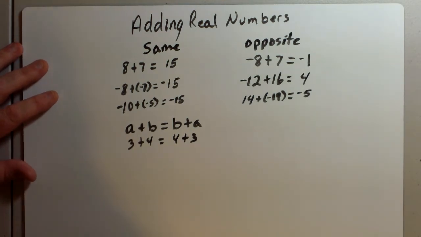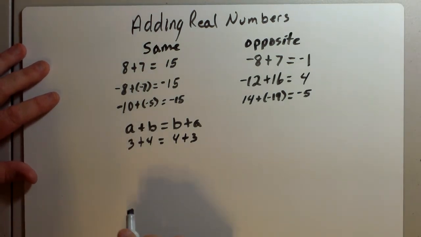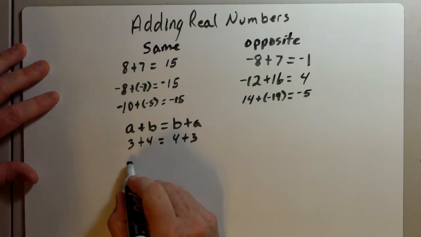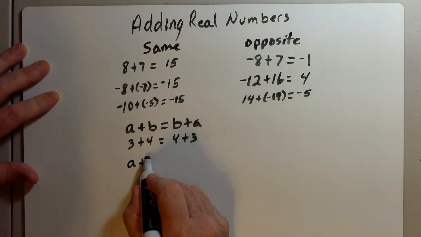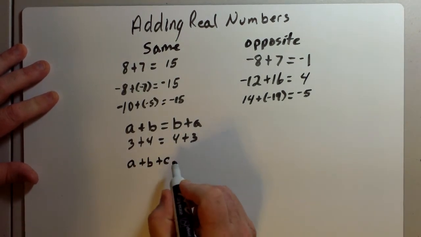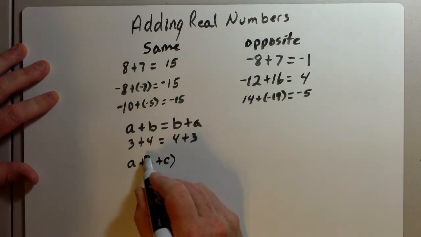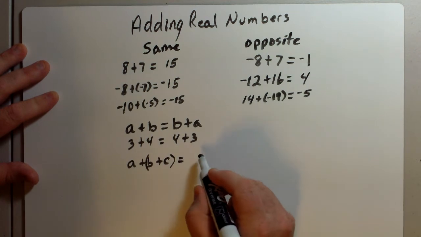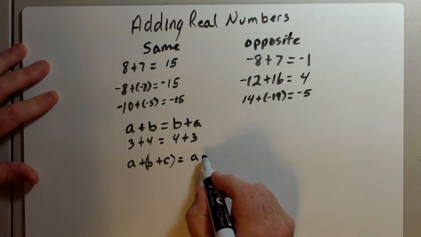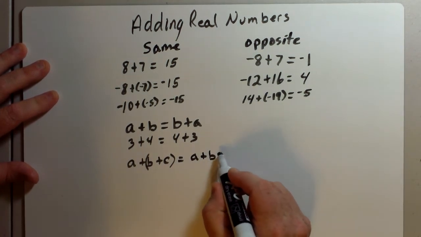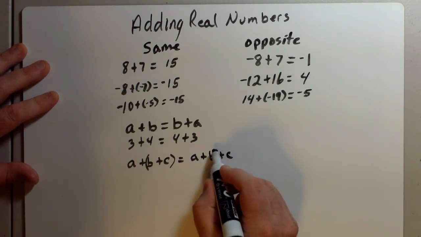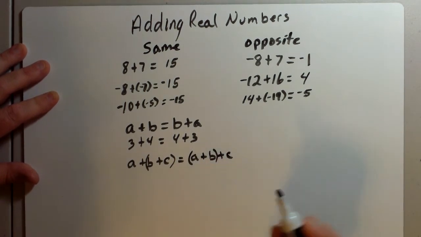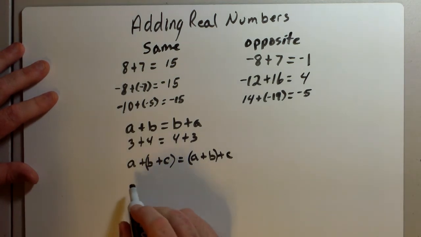That's the commutative property. The next one's called the associative property, and that says if we have a plus b plus c, and then we were to, let's say, group the second two here, that would be the same as doing a plus b plus c, and instead grouping the first two. Then we'll go ahead and put some numbers in there.